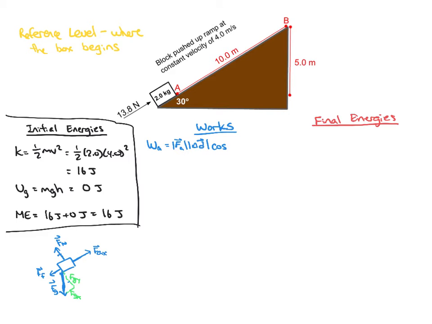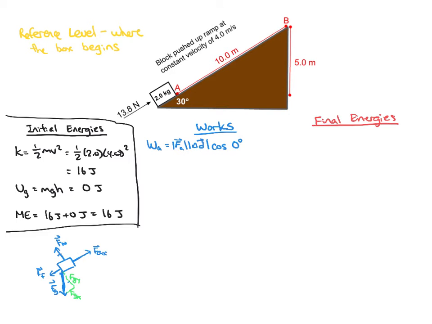So I'm actually going to fill in the number for the angle right here. And the applied force and the displacement are in the exact same direction. They're both aimed up the ramp and parallel to the ramp. So in that case, the angle we use is 0 degrees. There's no angular difference between the applied force and the displacement.